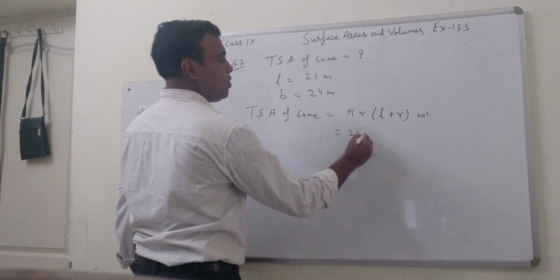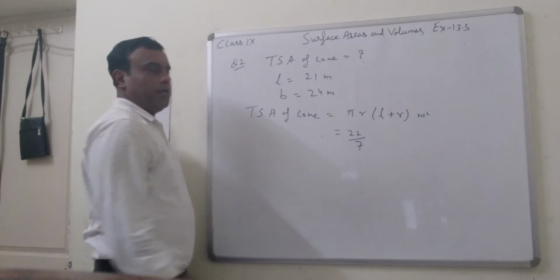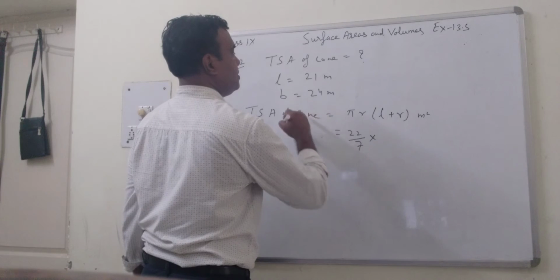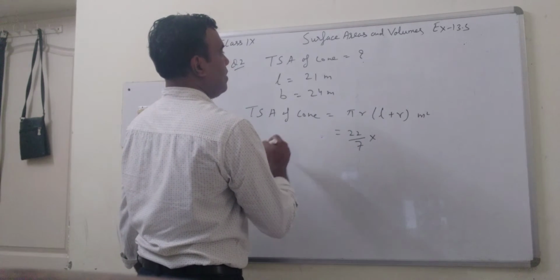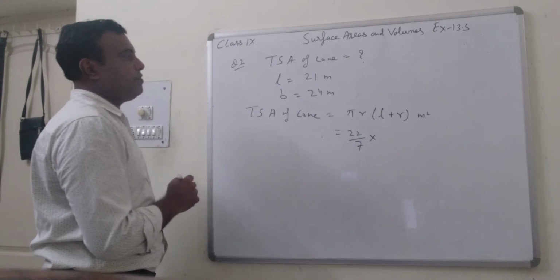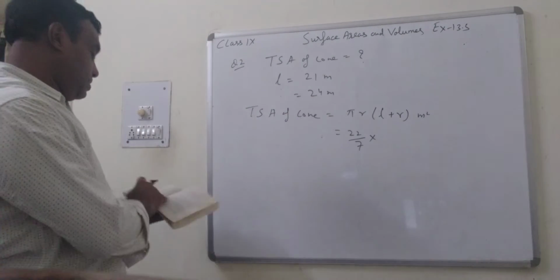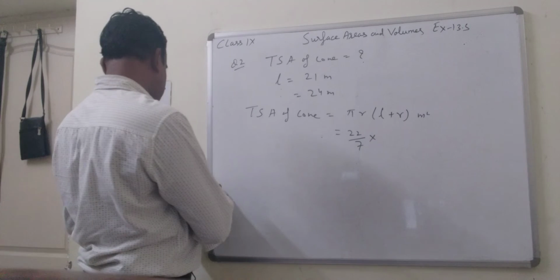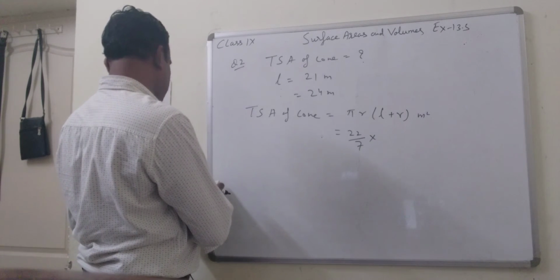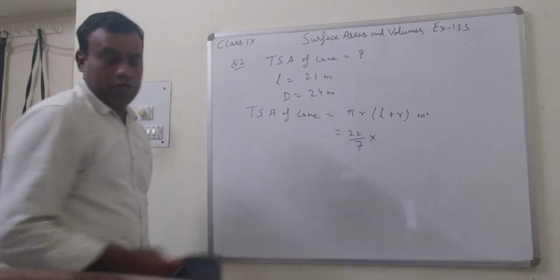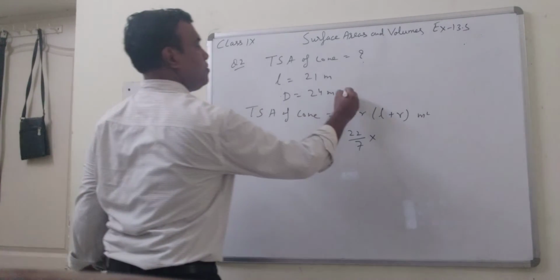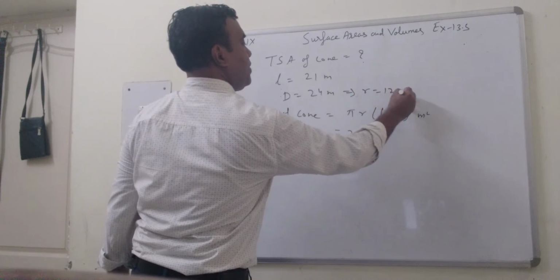Putting the values, 22 upon 7 into the radius. What is the radius? The length is given, but what is the radius? See in the book: slant height is this, base diameter d is 24, so the radius is 12. So r is 12 meter.